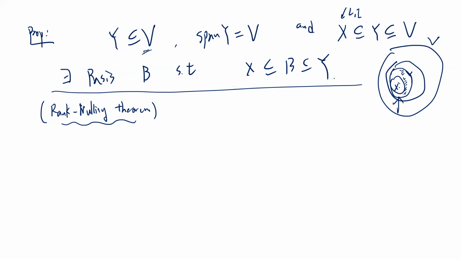If you take X and add another vector from V delete X, and it's still not linearly independent, then you keep going, right? And I already said span Y equals V, so you can always find enough vectors in Y such that they span V. Okay.